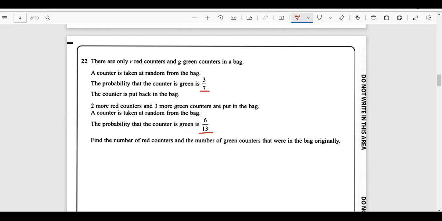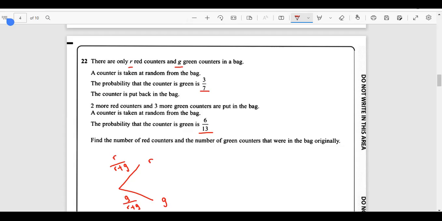Okay. So for the first part, we don't know what exactly is R, what exactly is G. But if I make a tree diagram, either the counter would be red or it would be green. Okay. So the sum or N would be red plus green. And in the numerator, I am just going to have R. For green, the probability that someone would take out a green counter would be G divided by R plus G, because the total number is the same.